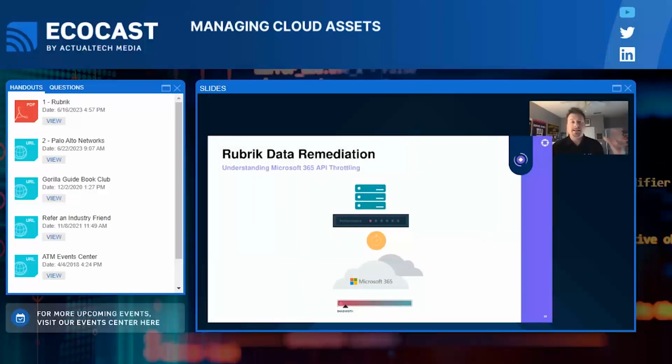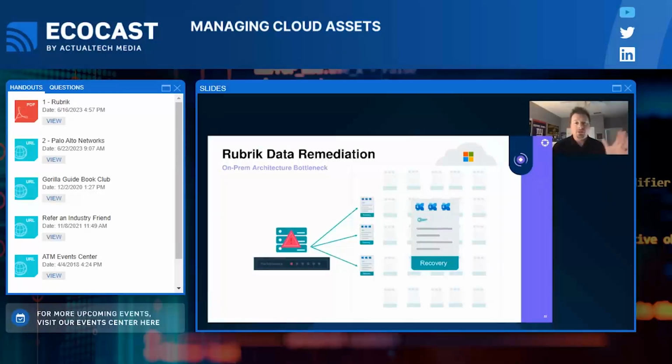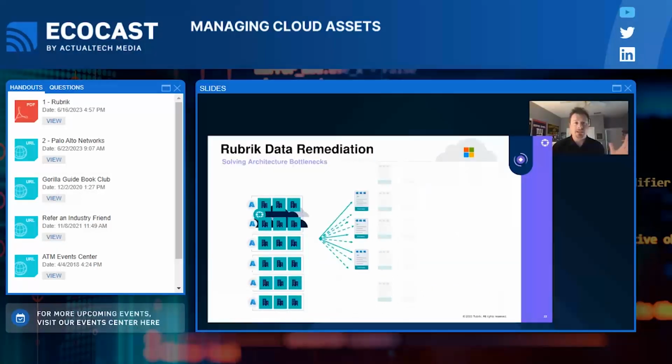If you're trying to do anything at scale as it relates to Microsoft, you have to build in security, but you also have to understand how much data you can push through, how quickly you can push it through, and if there are challenges in terms of being throttled.